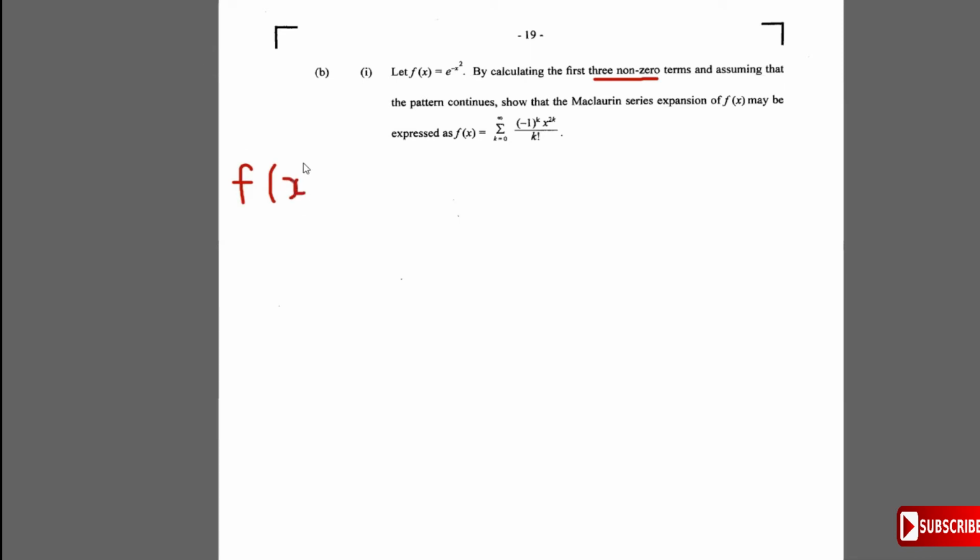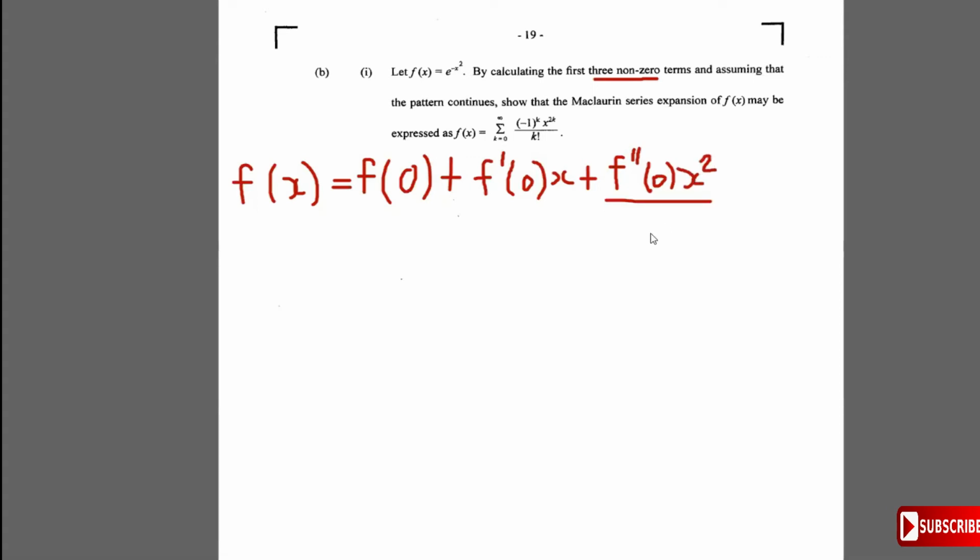We know that f(x) is equal to f(0) plus f prime of 0 times x plus f double prime of 0 times x squared over 2, plus f triple prime of 0 times x cubed over 3 factorial, and 3 factorial is 6, and it continues. So this is the Maclaurin formula.